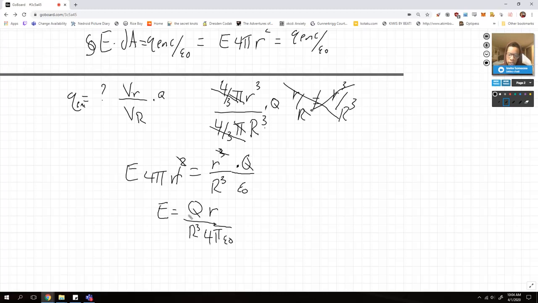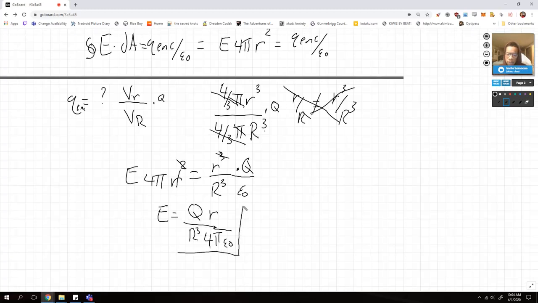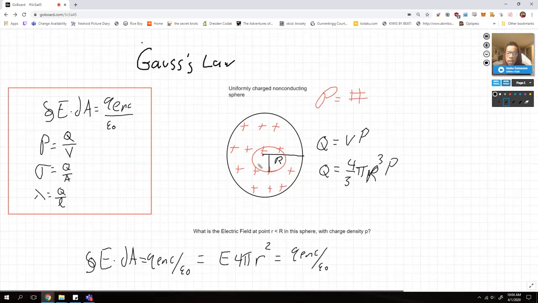You should get an answer of this form or something similar if you are finding the electric field inside of a uniformly charged non-conducting sphere.